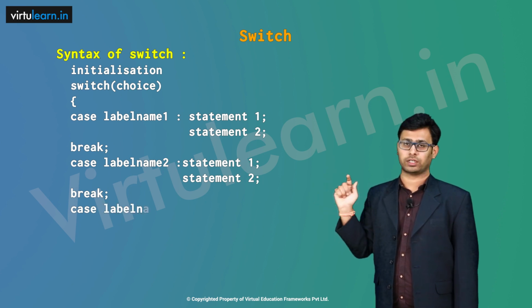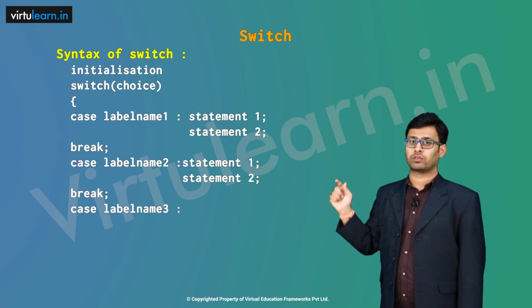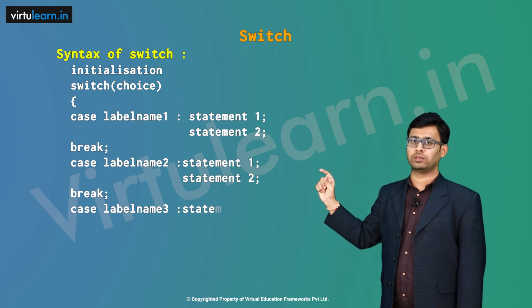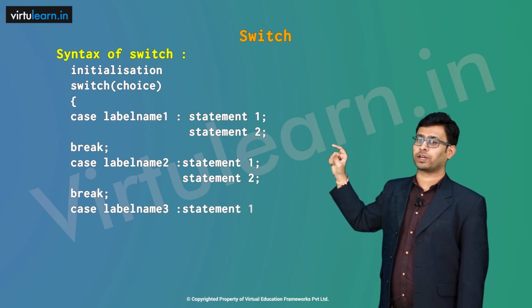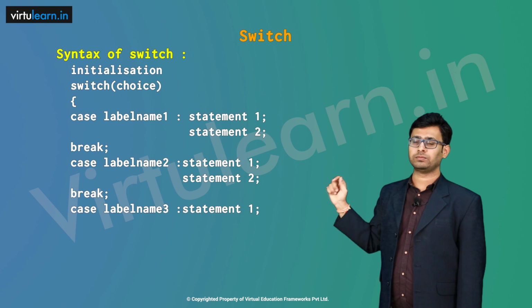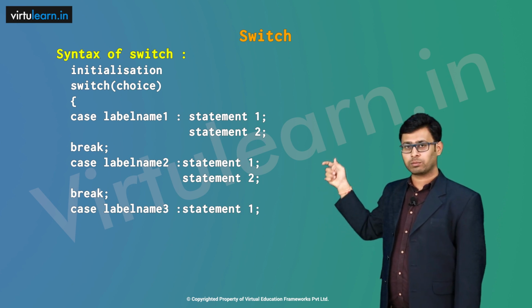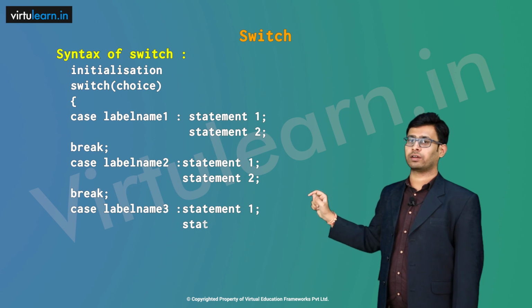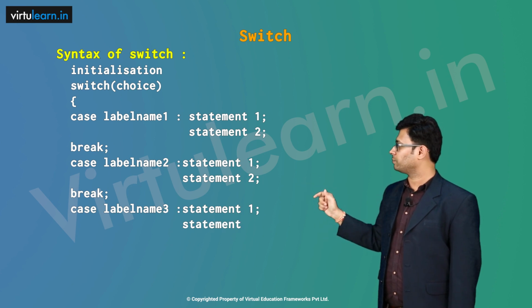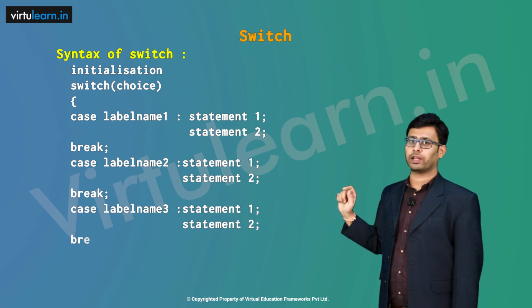Let us see how the output comes. Please do remember, as of now, break should be written for every case label. Similarly, case label name 2, write the bunch of statements followed by break. Case label name 3, write the bunch of statements, break.